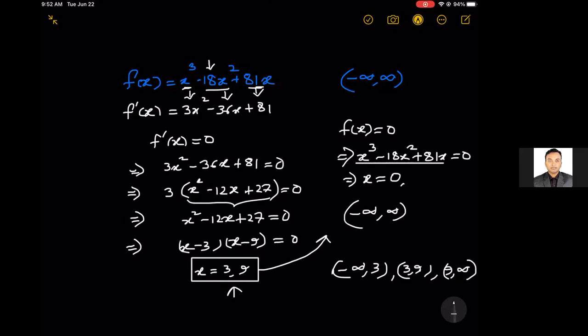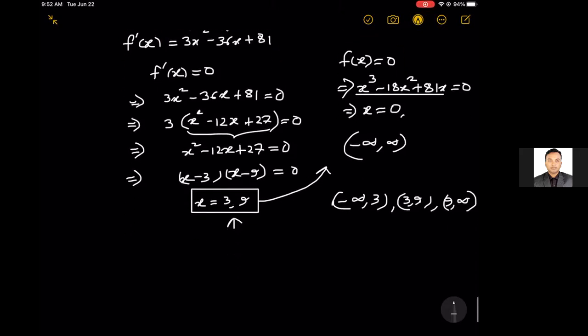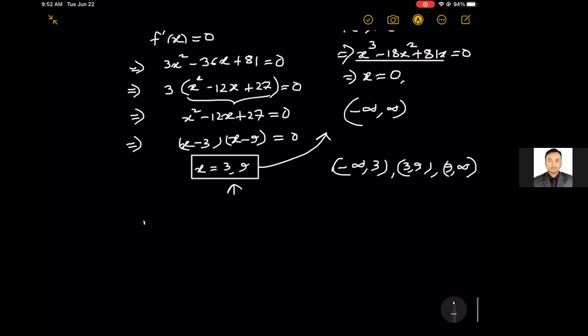What else? I think 9 might be another 0. Let me see. If I factor x from that, it will be x squared minus 18x plus 81.